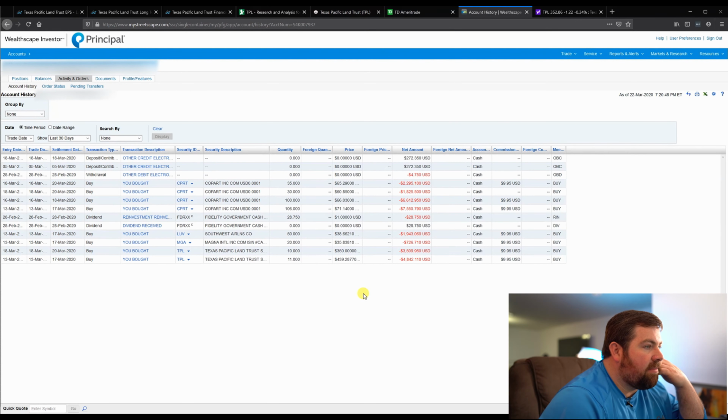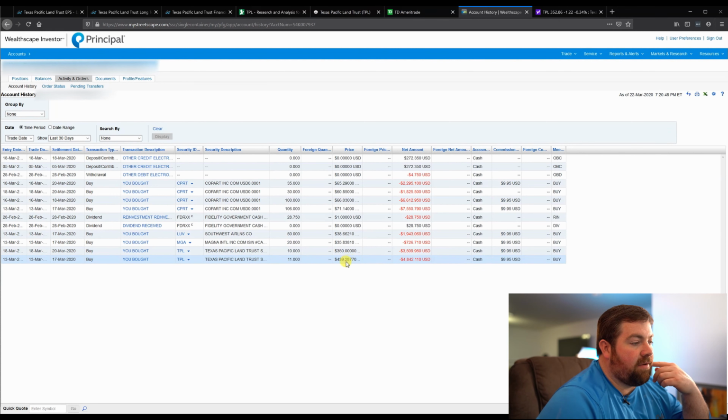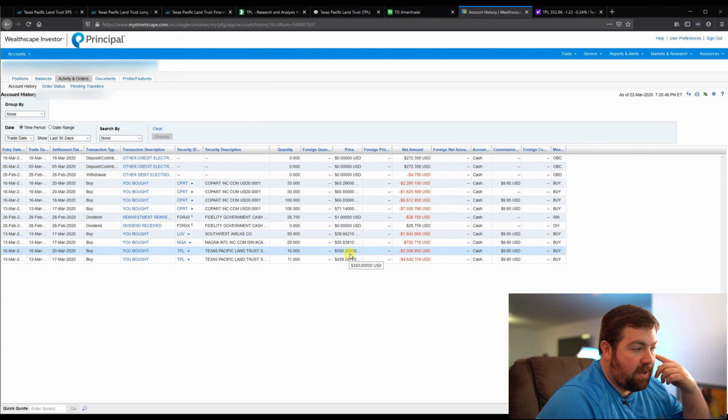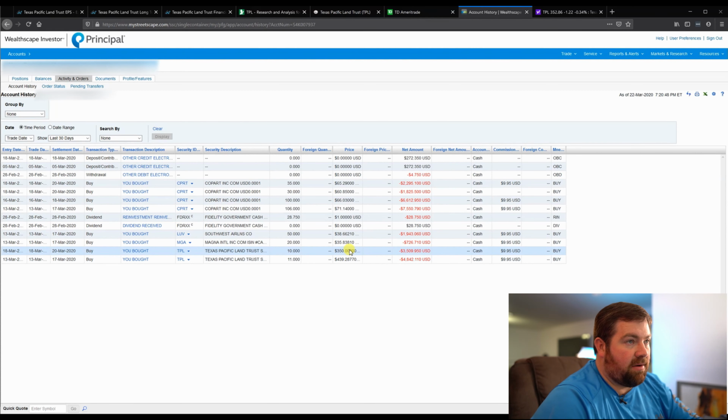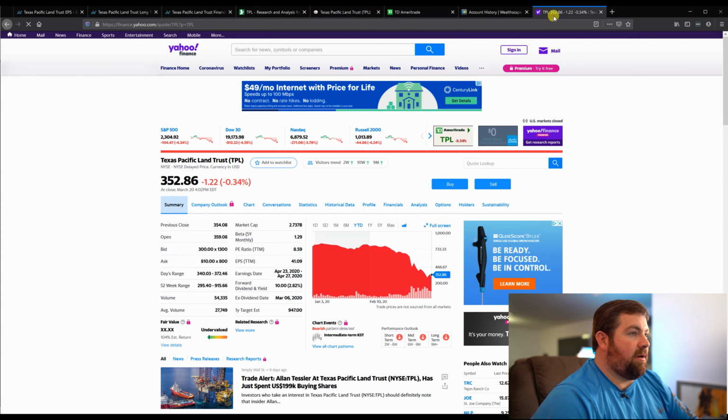Does it have the price I bought it for? Okay, yeah, $439. See, I paid way up there for these shares, but these shares I paid $350 for, so my adjusted basis is around $380, $390. So I'm down right now in the 401k. I'm up in here.